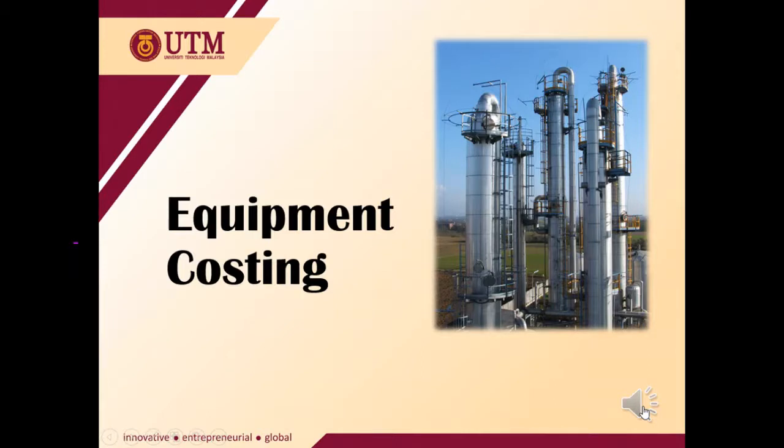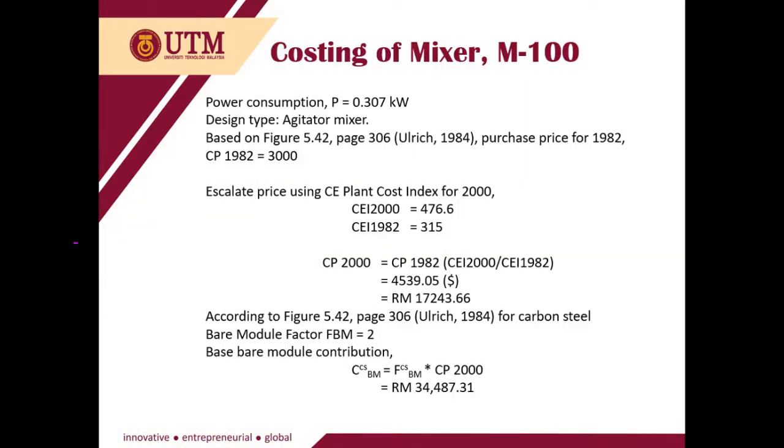My name is Hanif. I will continue this presentation on equipment costing. First, we will look into the costing of the mixer. The power consumption P is 0.307 kilowatt. The design type is agitator mixer based on figure 5.42.